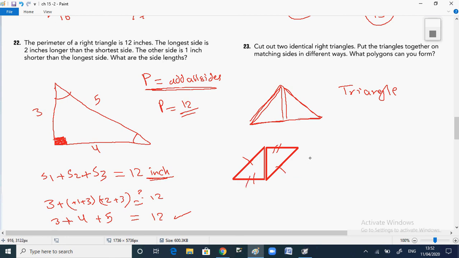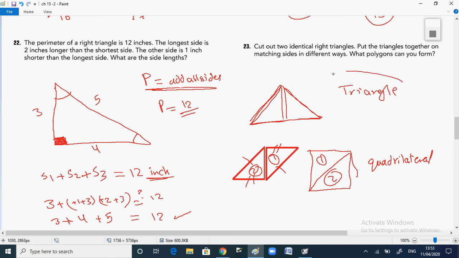Maybe I will get it like this, or like this, right? So here I can get triangles and quadrilaterals when I connect them in different ways or different directions.